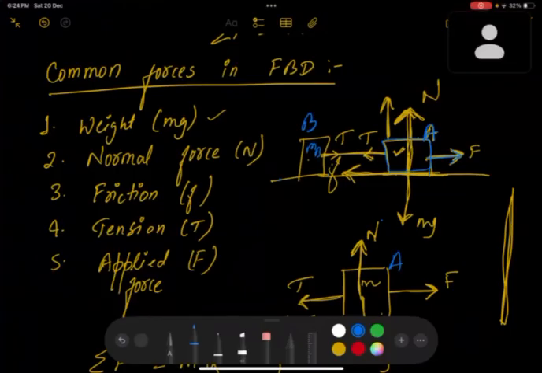Ma'am, the only force acting on object B is tension, ma'am. Yeah, then acceleration is equal to T by MB. Yeah, right.